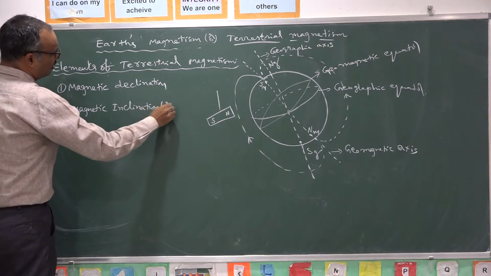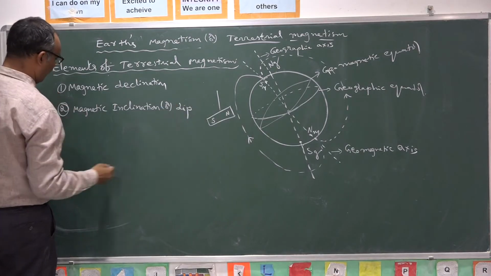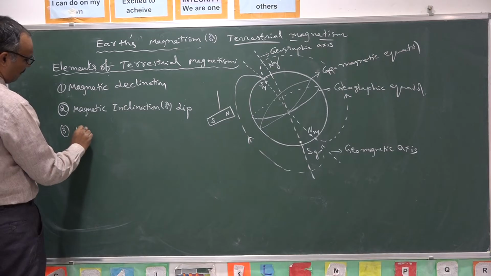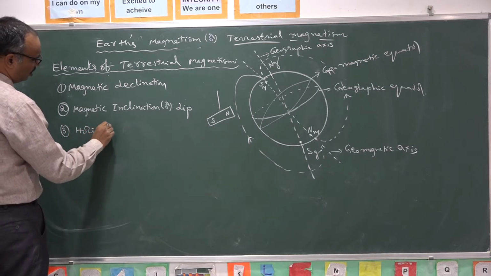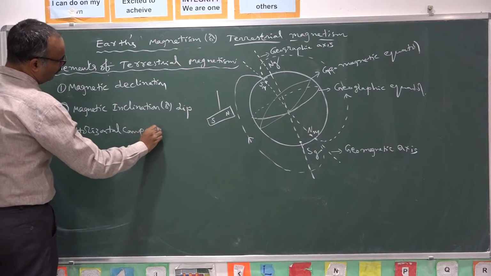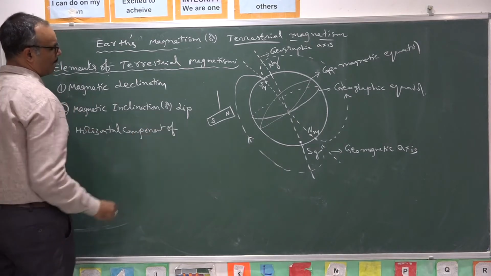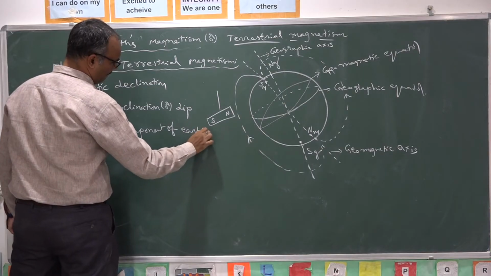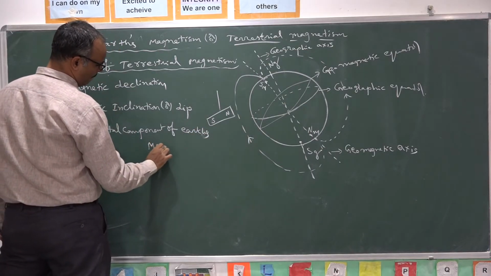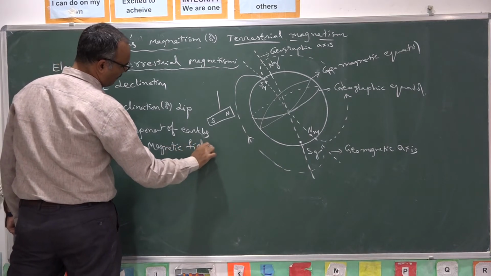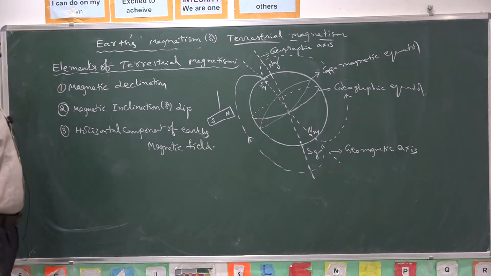It is also called dip. The third one is horizontal component of Earth's magnetic field.